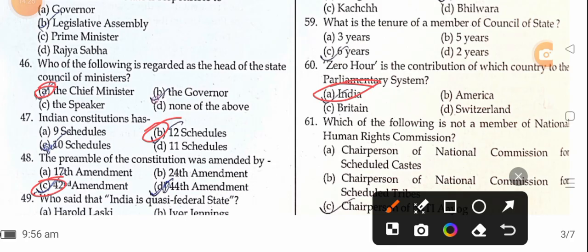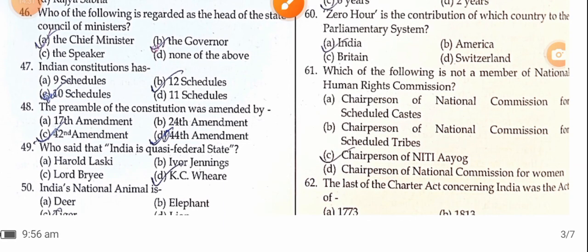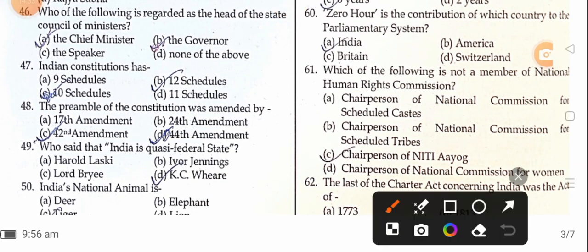Which of the following is not a member of the National Human Rights Commission? My dear students, here the right answer is option C, Chairperson of Niti Aayog. Who said that India is a quasi-federal state? K.C. Wheare. Option D is the right one.